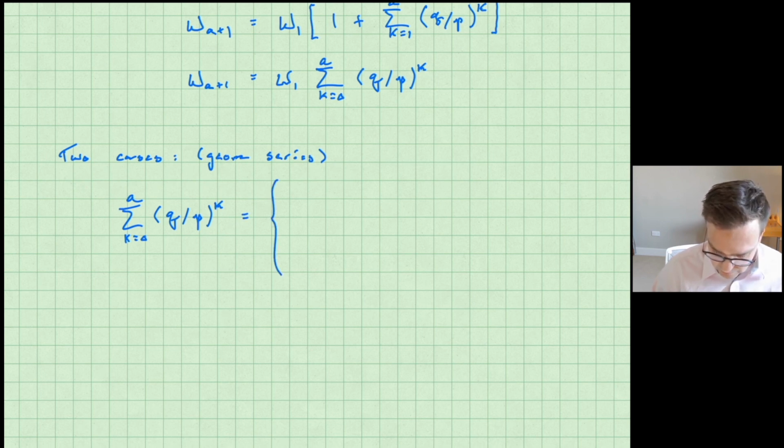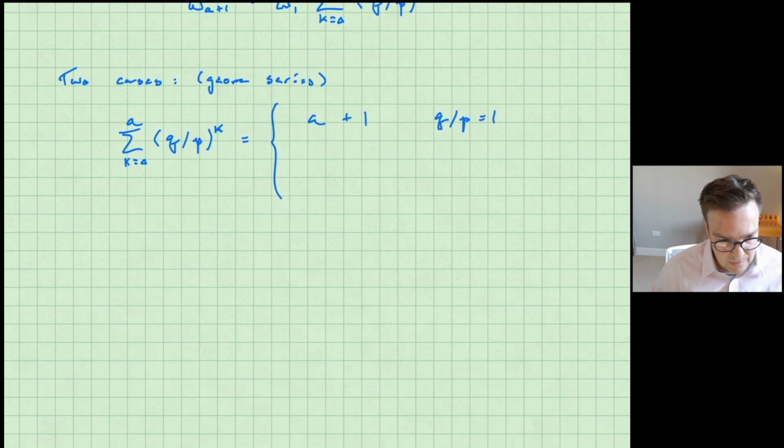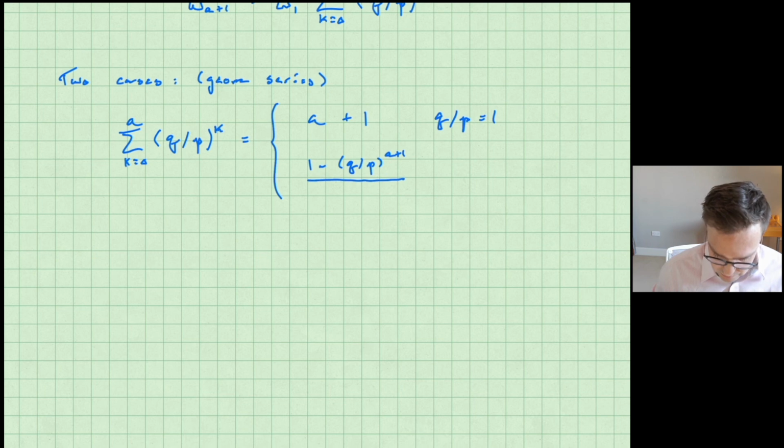It's A plus 1 if q over p is 1. And if q over p is not 1, you get 1 minus q over p to the a plus 1, over 1 minus q over p.